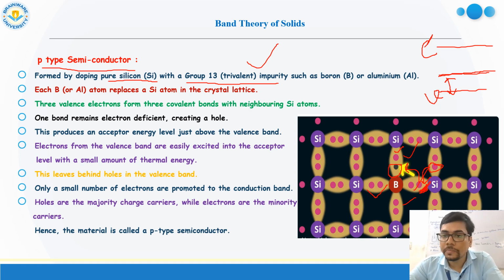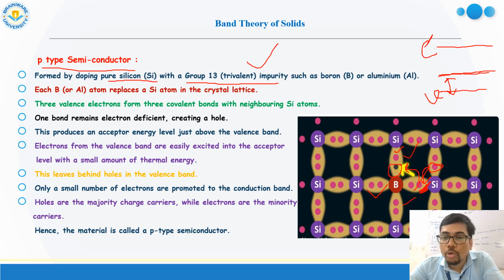Okay. So in the valence band, the number of electrons will be less, because the electrons will move towards the acceptor energy level. So in that case, the holes that are present in the valence band play an important role in carrying electricity upon application of an electric potential.